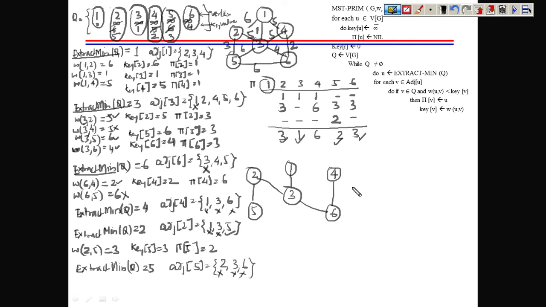So we know that the cost of this is 2, or you can write from here that here we have 2, and then 3 to 6 is 4, and 1 to 3 is 1, and 2 to 3 is 5, and 2 to 5 is 3.